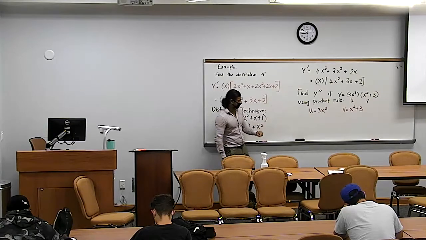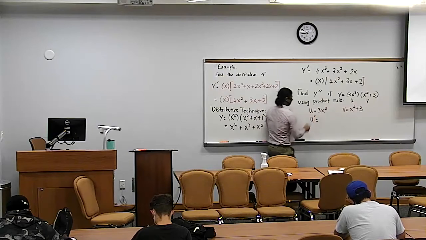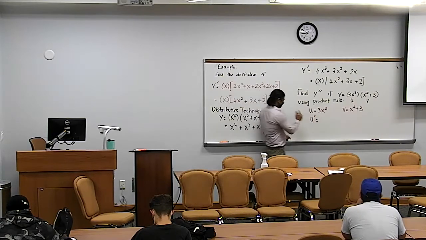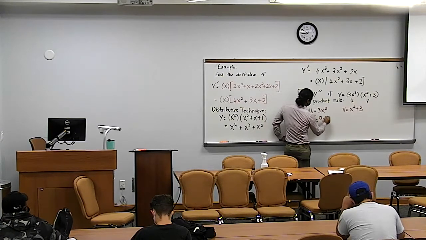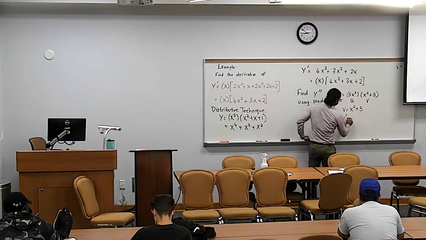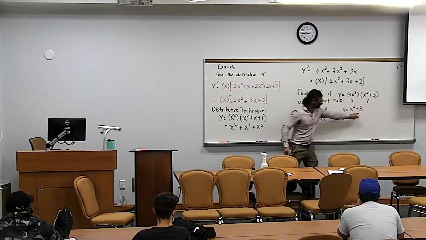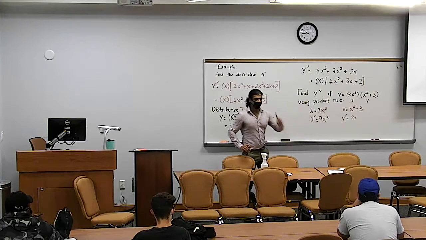V is x squared plus 3. What is u prime? 9x squared. Very good. What is v prime? Just 2x. What is the derivative of a constant? 0.